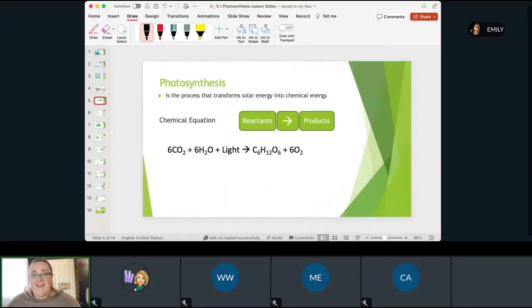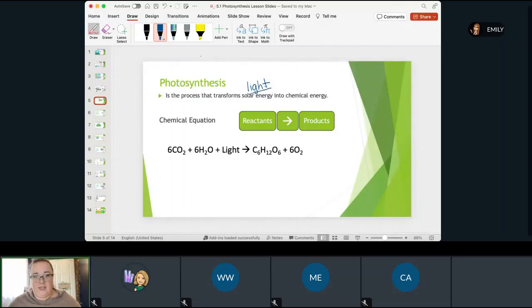So let's get into the meat and potatoes. Let's talk about photosynthesis. Okay. Photosynthesis is the process that transforms solar energy, which remember we said was, I'm going to get a different color here and go a little bit larger. Let's do blue. So solar energy is our light energy.